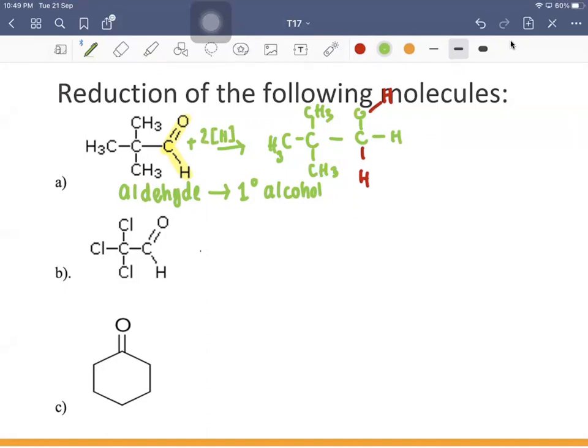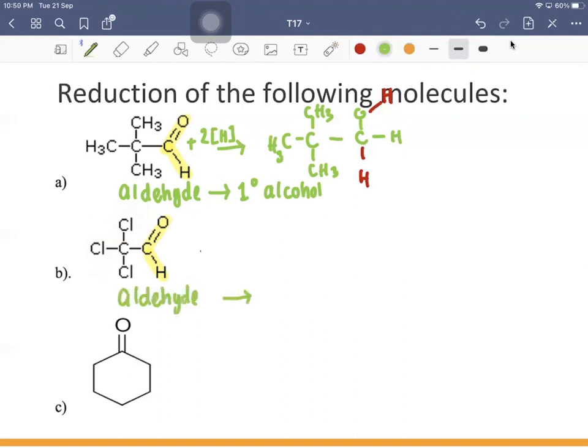Next, again, try to identify the functional group. So I've got C double bond OH. Okay, now even though the chlorine is there, don't be distracted by it. Okay, just highlight the functional group that will get reduced. So we've got an aldehyde.